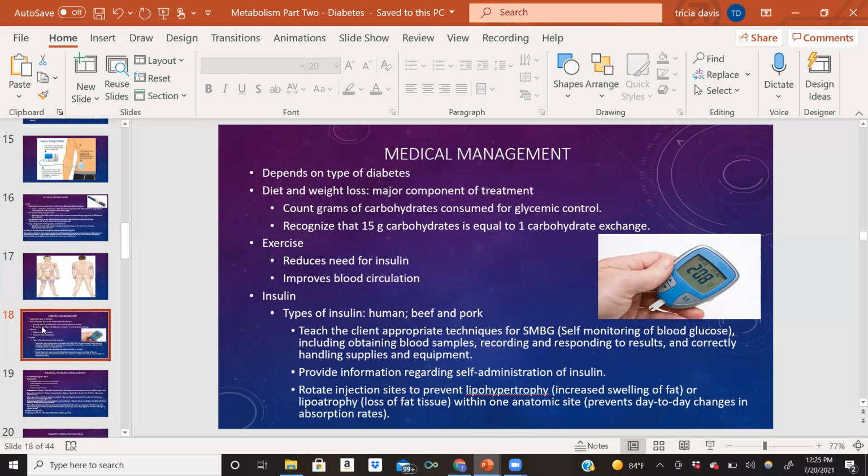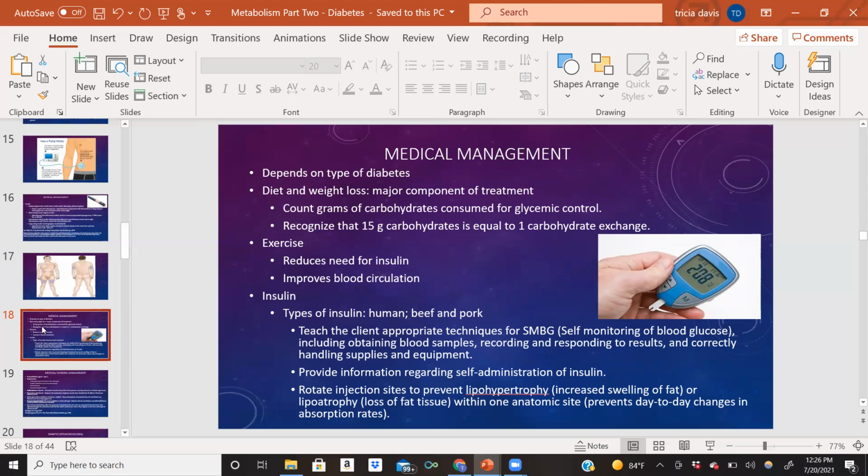That serving is the equivalent of 15 grams of carbohydrates, so they call it one carbohydrate exchange. They can look on that list and anything that they see on there, it'll automatically give them the serving size, which is the equivalent of those 15 grams or one carbohydrate exchange.